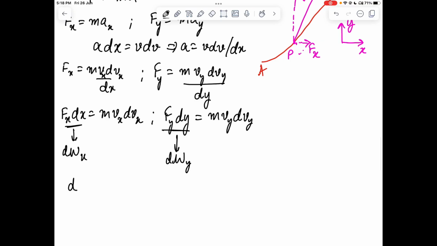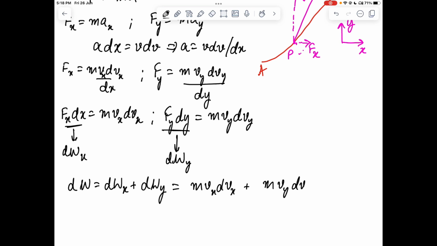So net work we can say is dWx plus dWy, because work being a scalar quantity, we can simply add them up. So that would be m vx dvx plus m vy dvy.